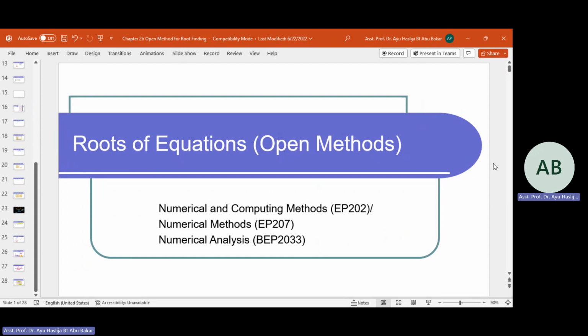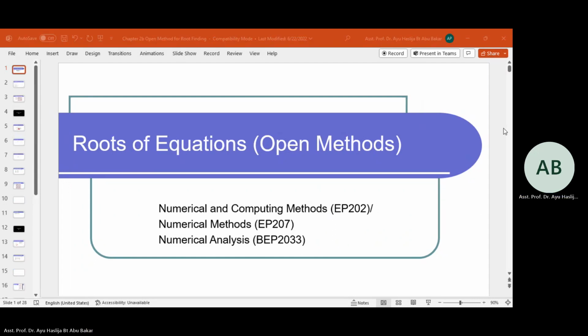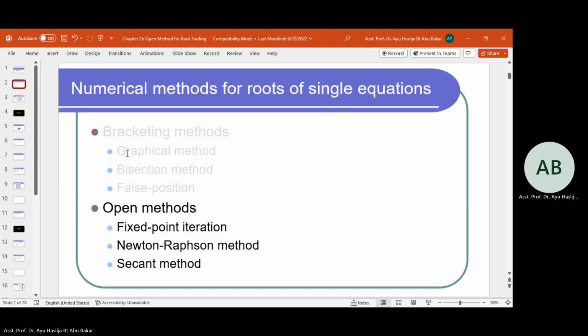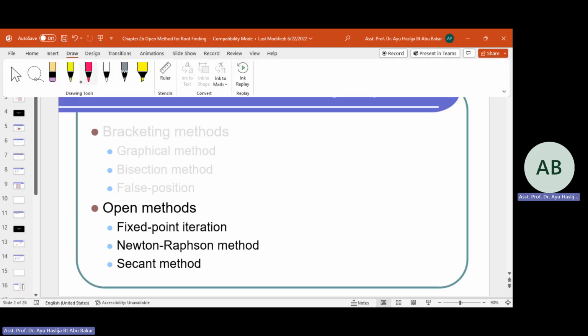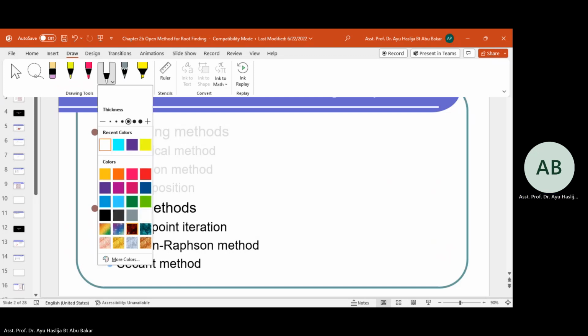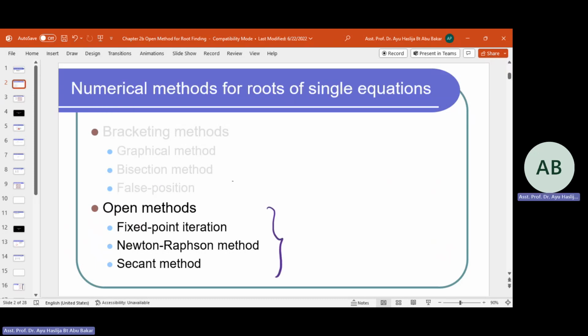Okay, but you are given only 1 point. For open method, we have fixed point iteration, Newton-Raphson, and also secant method. Okay, so these are the open methods.